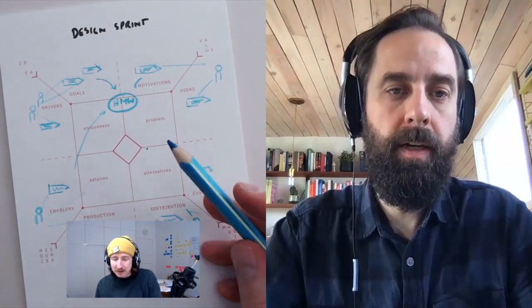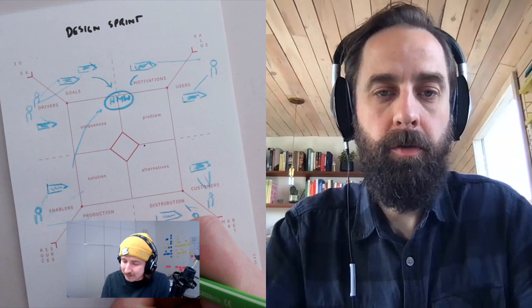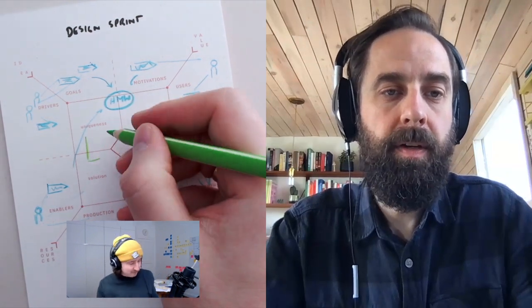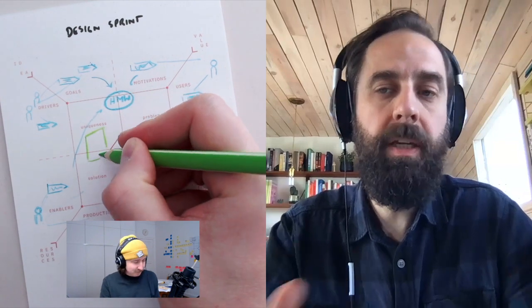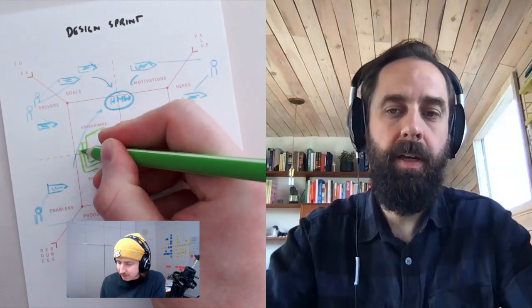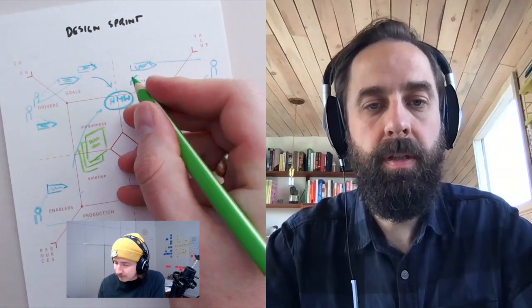Okay, let's look at Tuesday. What happens on Tuesday? On Tuesday, you develop possible solutions for that. As the sketch says, it's competing solutions at that point. So what you do is diverge quite heavily to discover a broad range of possible solutions.